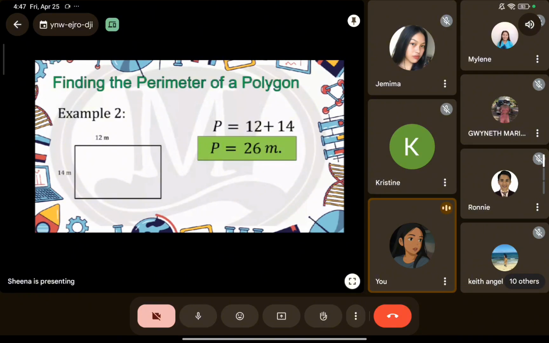Then, the 14 meters is side 2. So, the formula, we start with P is equals to S1 plus S2. So, our S1 is 12 plus 14 as our side 2 or S2. Our answer is P is equals to 26 meters.